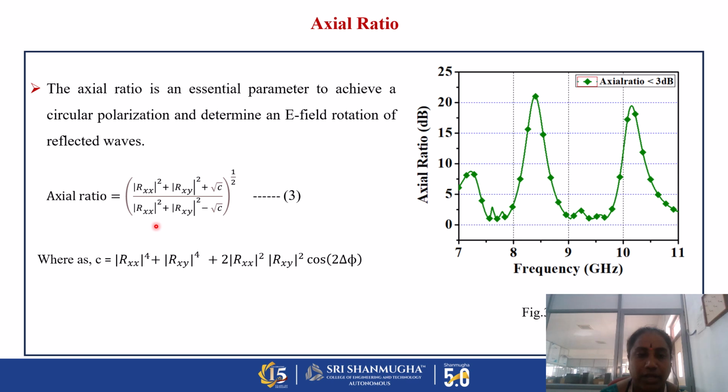After substituting the values in the axial ratio formula, we get an axial ratio less than 3 dB for both bands, dual band. Here we attain 7.7 gigahertz, and here we attain 9.42 gigahertz. So for both the dual band, we attain axial ratio less than 3 dB for the elliptical polarizer.